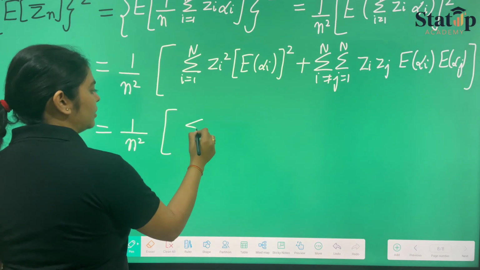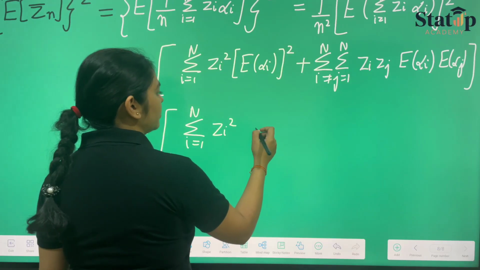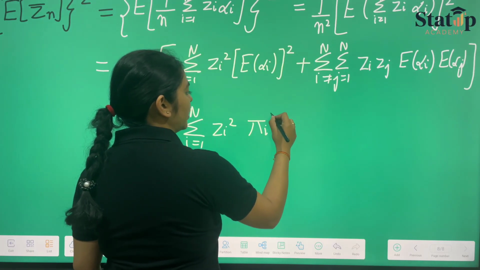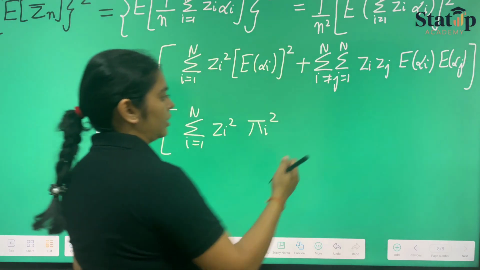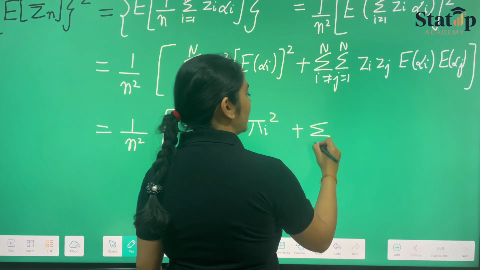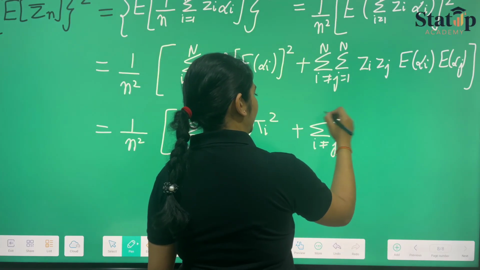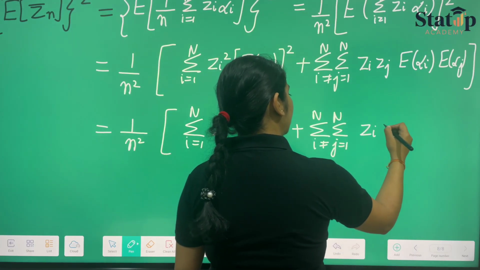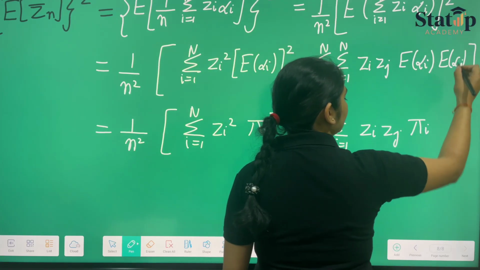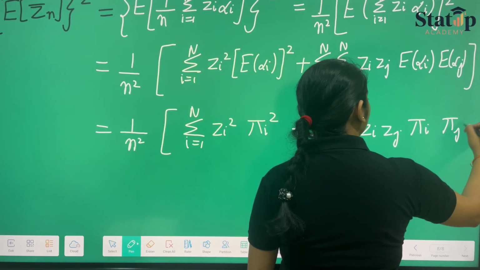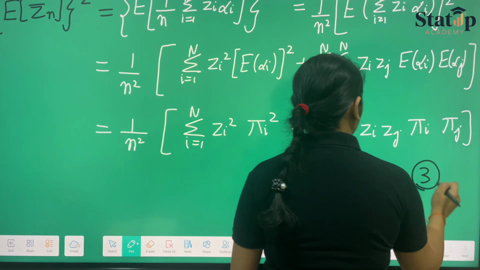So replacing the values here, summation i goes from 1 to n zi² πi², because the expectation of αi is πi and whole square is πi², plus summation i not equal to j goes from 1 to capital N zi zj πij. So this becomes our equation number 3.